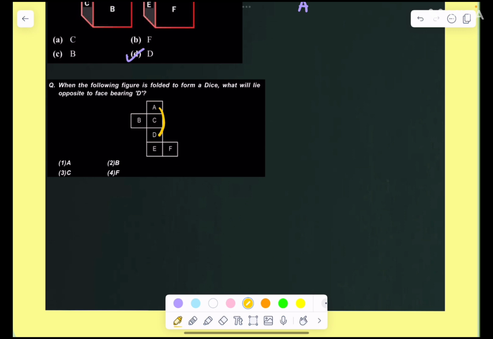Here automatically these are adjacent, right? And A and D are opposite here, C and E are also opposite, right? And B and F are also opposite, right? A and D are opposite, C and E are opposite, and B and F are opposite, right?